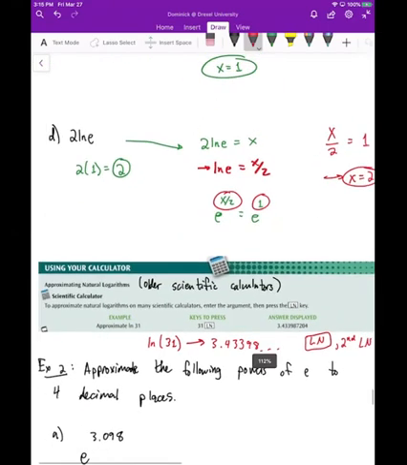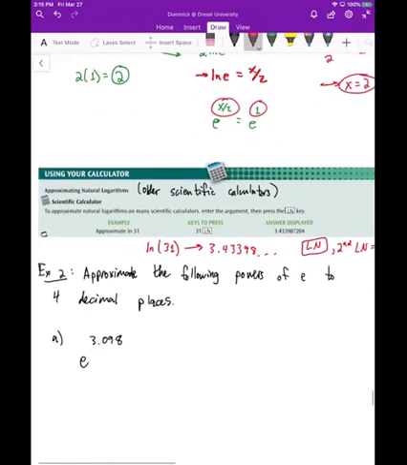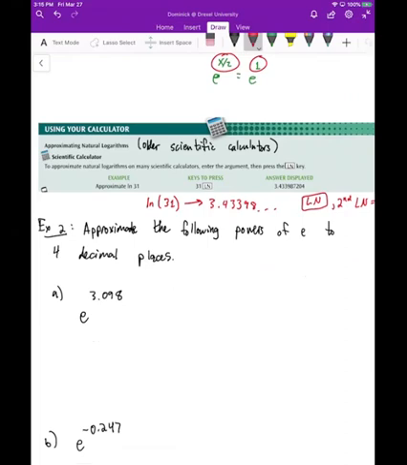Okay, but anyway, let's figure out some approximations with e and natural log here. On this first one, this is just more practice of evaluating these in the calculator. I want to find e to the 3.098. So we go to our calculator. Now on my model, the ln button is 2 keys below the second button, and I would also need to press second and ln to get to my e.